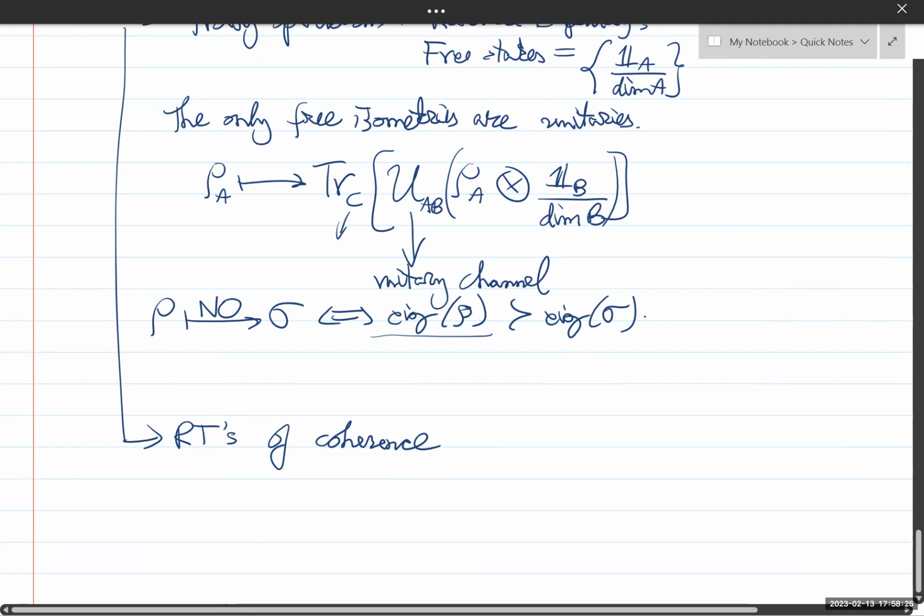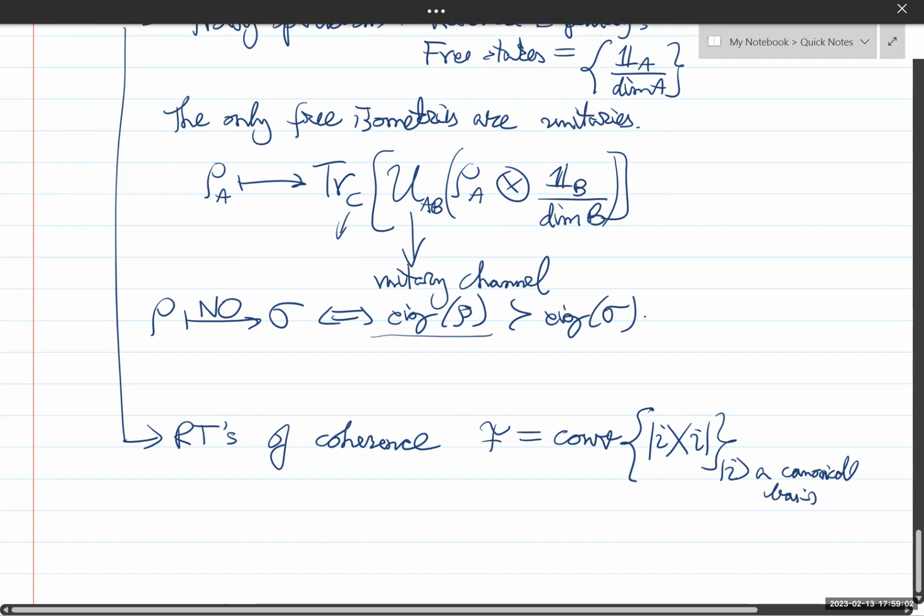So here the free states are essentially the convex mixtures of some canonical basis, classical basis, right?